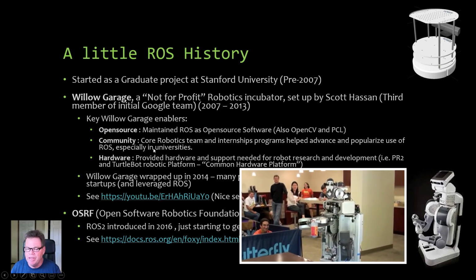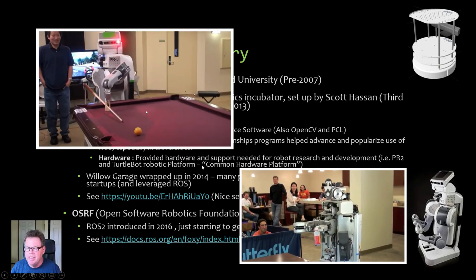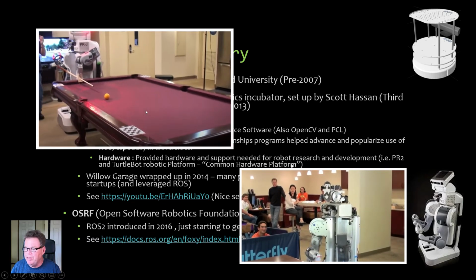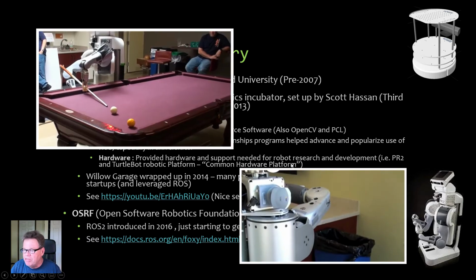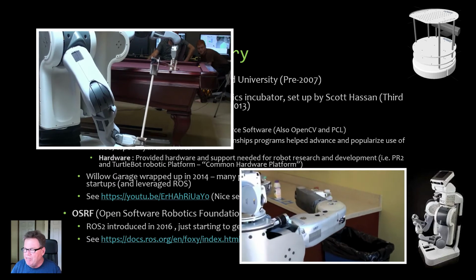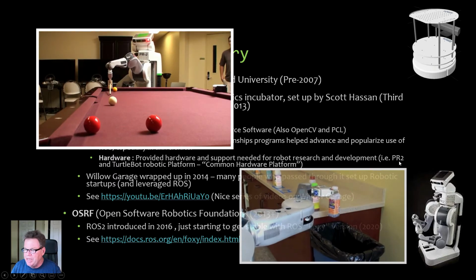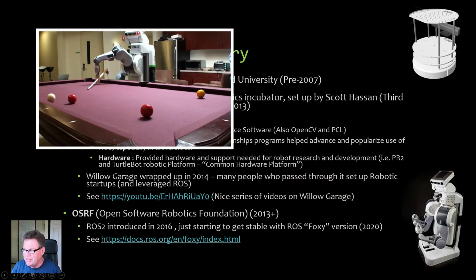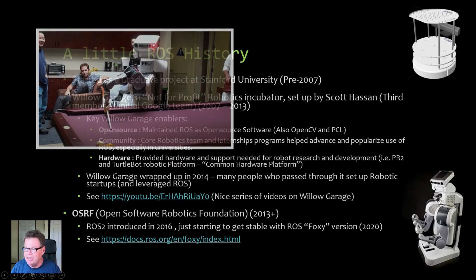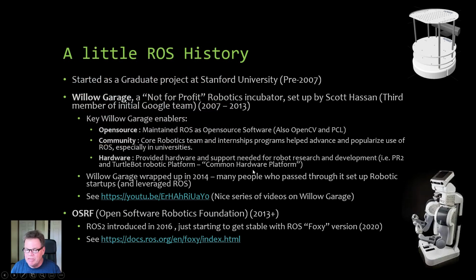And then finally, the thing that Willow Garage provided was hardware and the support needed for robot research and development. A couple of key robots that came out of Willow Garage are the PR2, which we see here, which is a humanoid-looking robot, with arms, a base that could move around, and a lot of sensors, computer cameras and things on it. Very advanced robot.